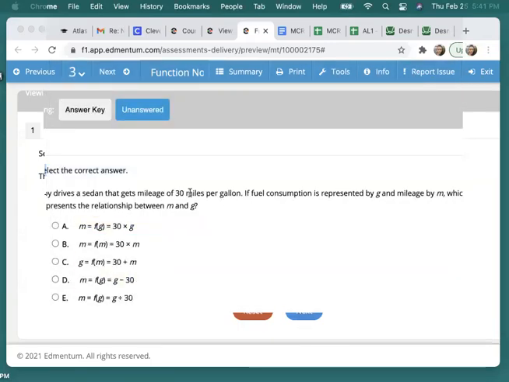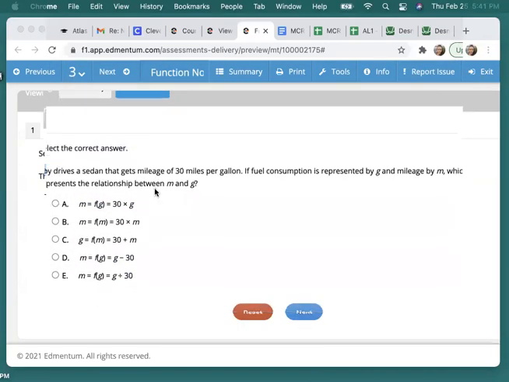Okay, Roy drives a sedan that gets mileage of 30 miles per gallon. If fuel consumption is represented by G, that's gallon, and mileage by M, miles per gallon, which function represents the relationships between miles and gallons?